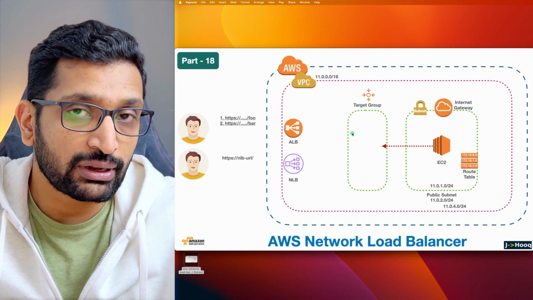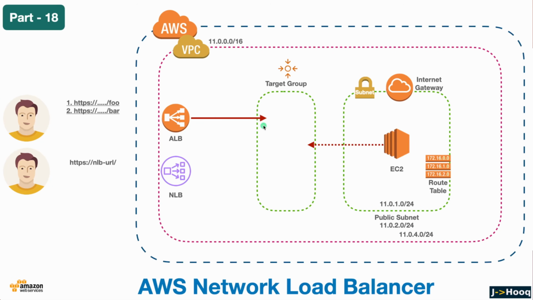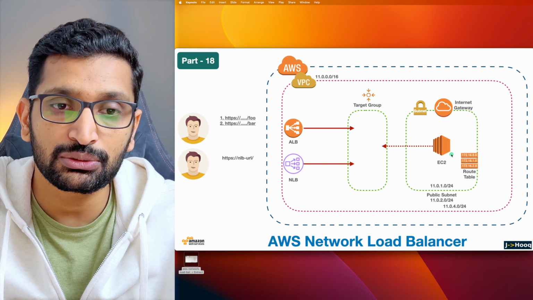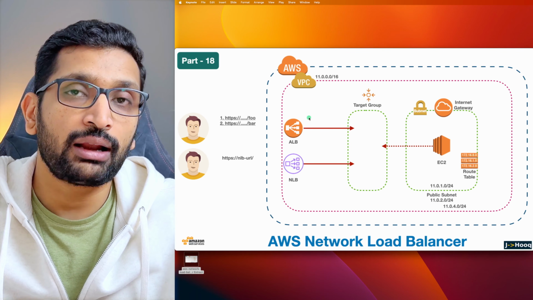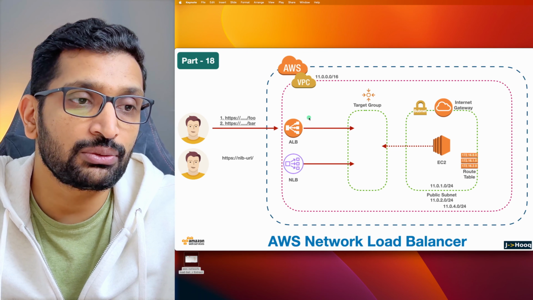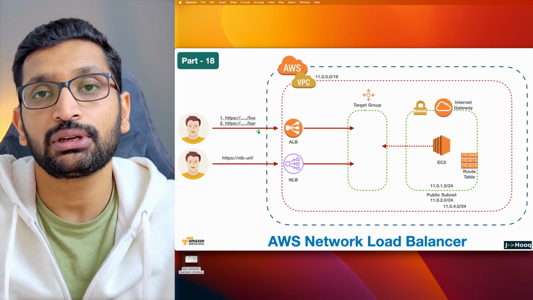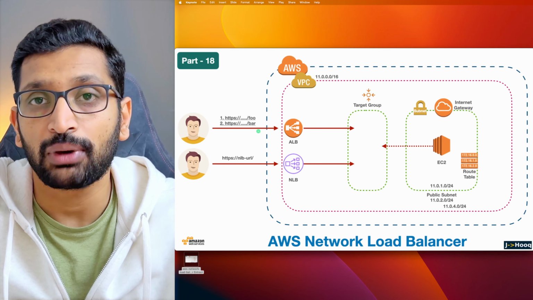Once we have created a target group, we are going to create an application load balancer, and we are also going to create a network load balancer. So any of the load balancers will have access to that target group so that it can reach the EC2 instance. And at the end, users like us will be using the URL for the application load balancer, as well as a URL to access our network load balancer.